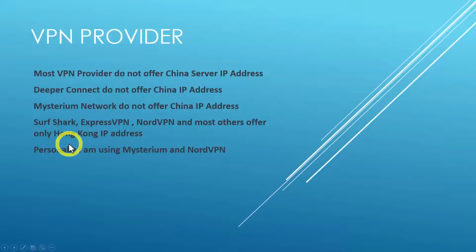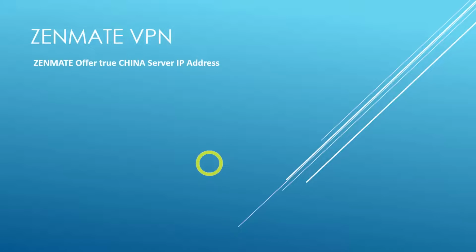The most they offer you is a Hong Kong IP address. Personally, I'm using Mysterium Network and NordVPN most of the time. These are the two VPNs that I use most of the time. Of course, I have different kinds of VPN installed on my PC. From my testing, only ZenMate offers a true China server IP address. So let's take a look at what ZenMate offers.